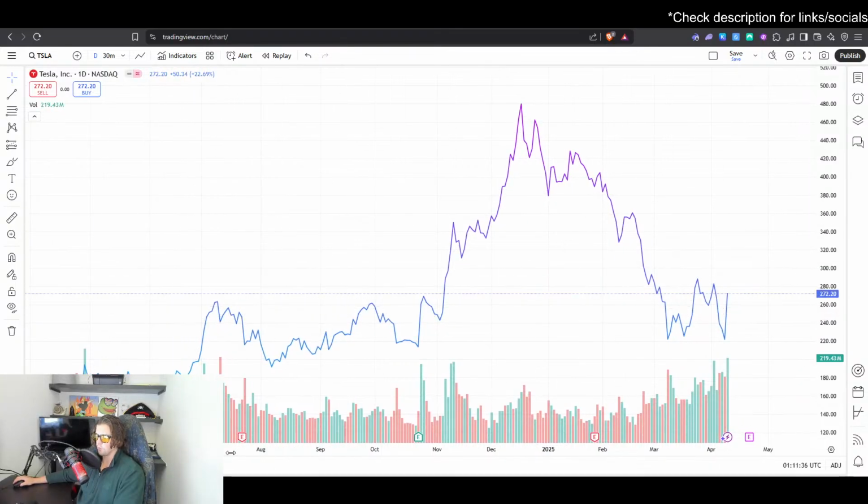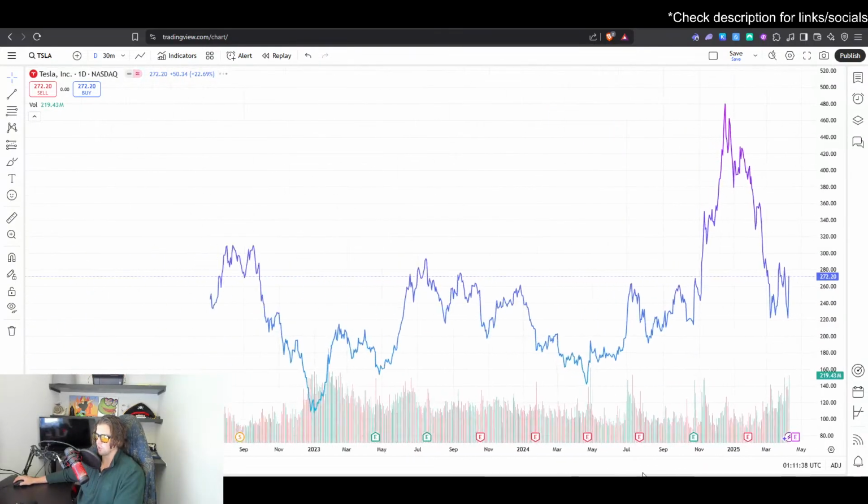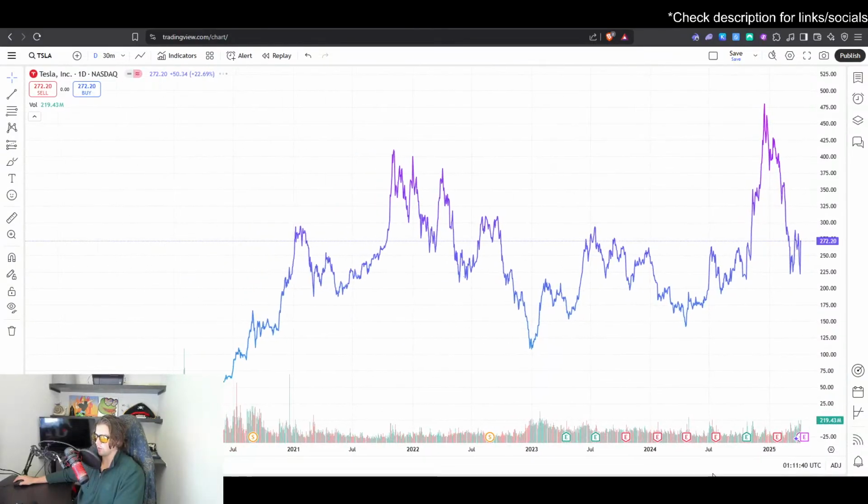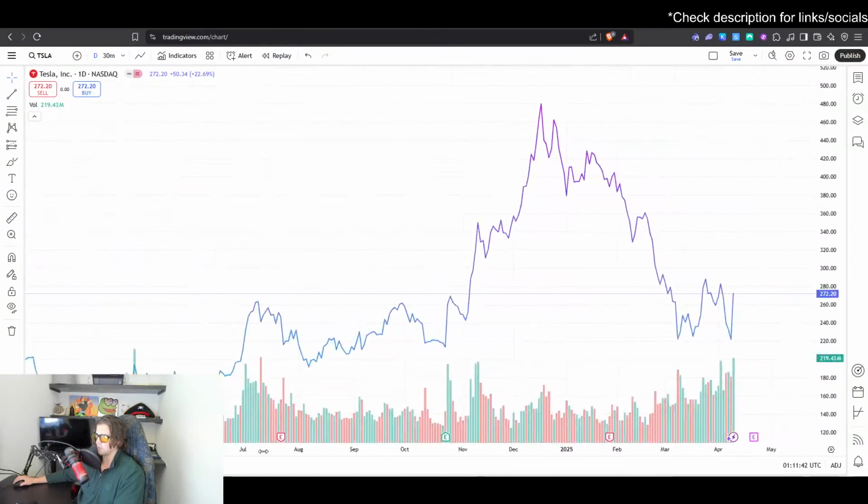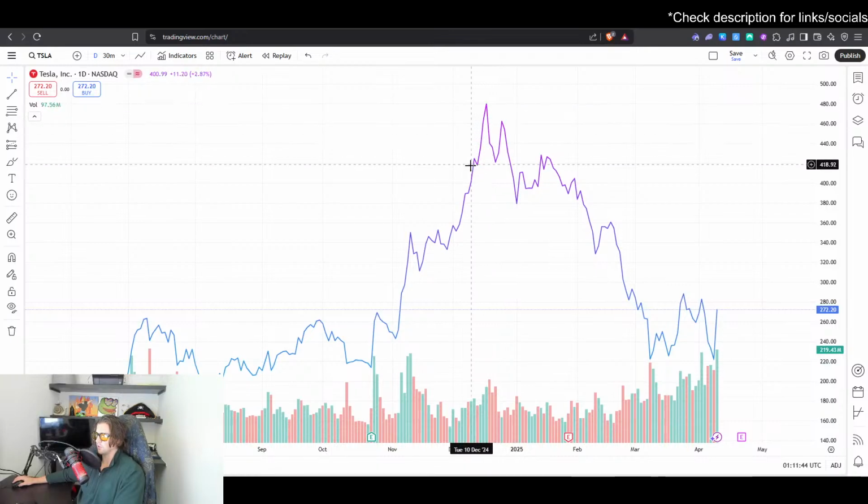This is your standard line chart, just like if you were looking on any other website, like Yahoo Finance, you'll usually see a line chart. A line chart essentially is just showing you the closing price. So every time you see these little changes in the line, these are the closing prices for the day, because right now we're on the daily time frame, 1 day.